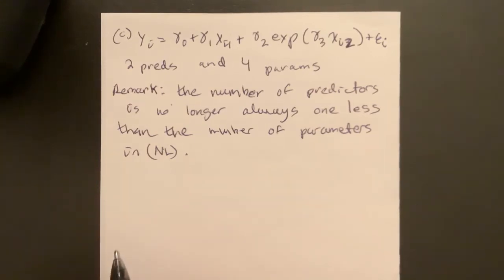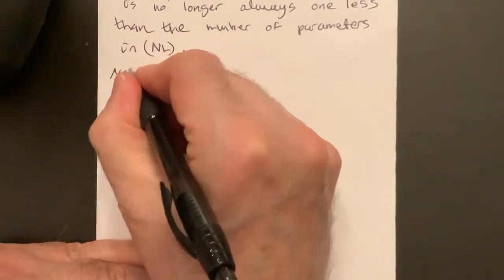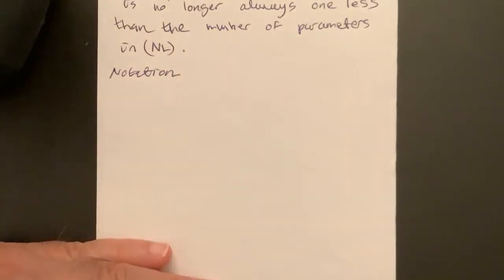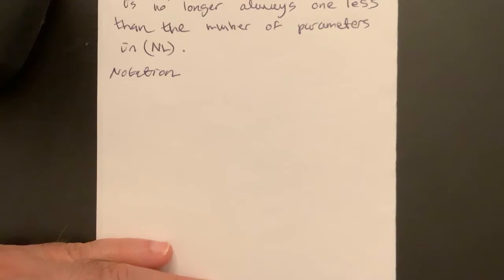So we'll typically use Q. Notation, this is from the book. We'll use Q for the number of predictors and P minus 1 still for the number of parameters. I better check my notes to make sure that's how they did it. Yes, I think so.